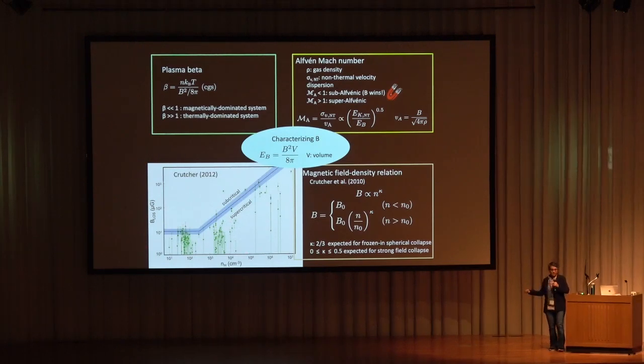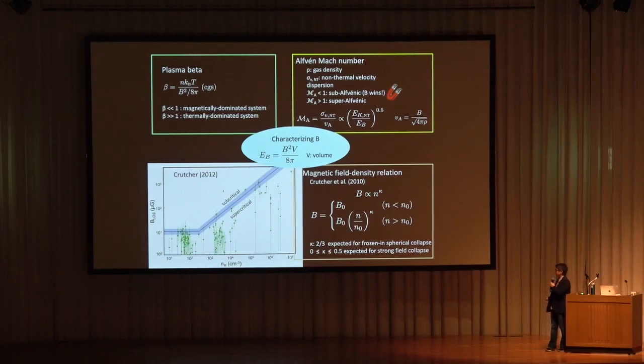What it says is that the density and magnetic field have a power law relation beyond a density threshold, and it's constant below it. So where this transition from constant to power law happens is quite interesting and important in our studies of magnetic fields and the interstellar medium.